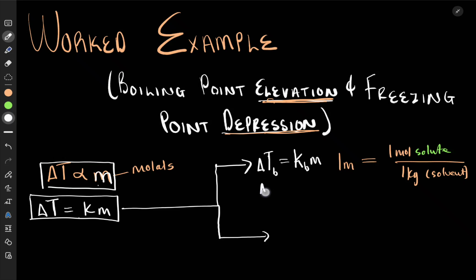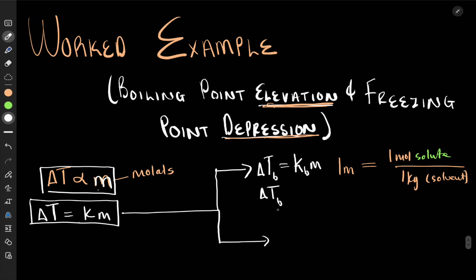And then another formula which we're going to need: the change in temperature for boiling is going to be the temperature of the solution, not solute, what am I saying, minus that of the solvent on its own.